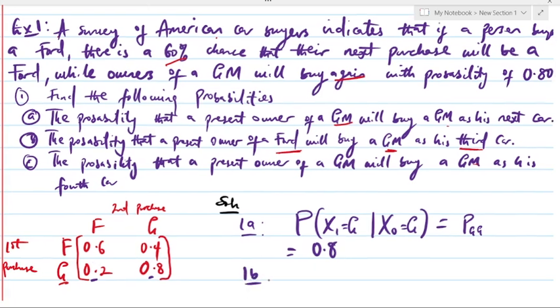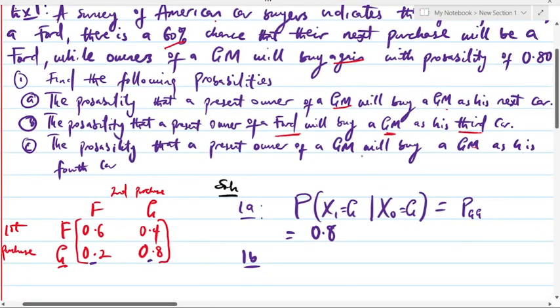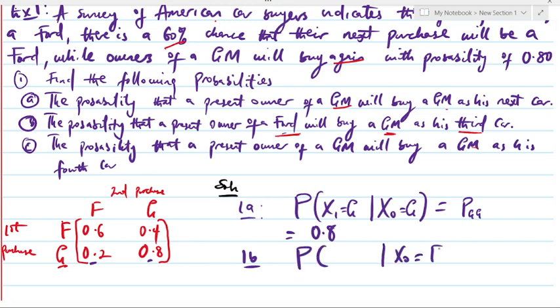So let's check question 2. The probability that the present owner of a Ford, first purchase Ford, will buy GM as his third car. Don't forget X1 is the second purchase. Let me just do a little analysis here.